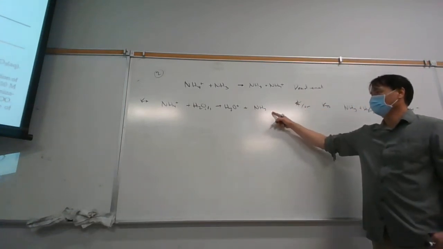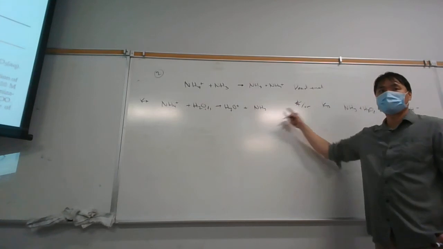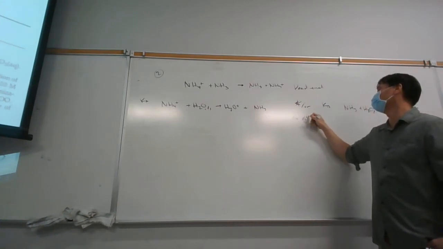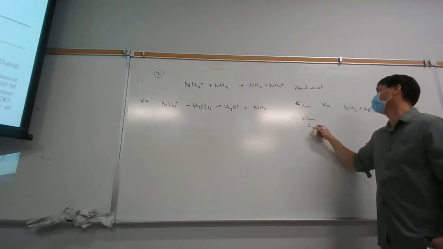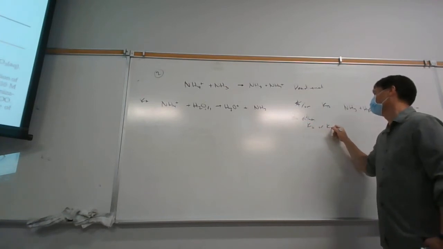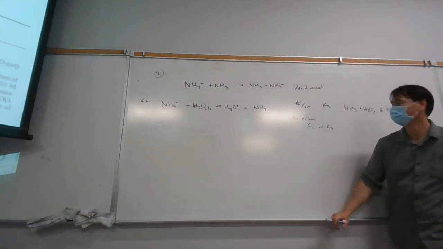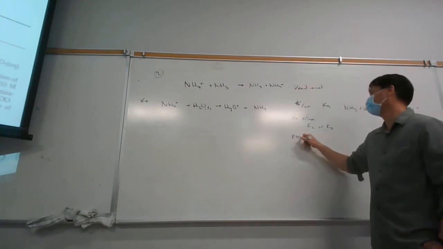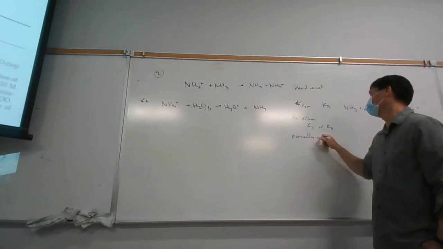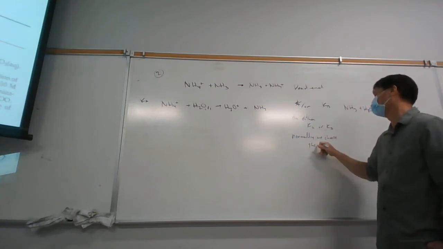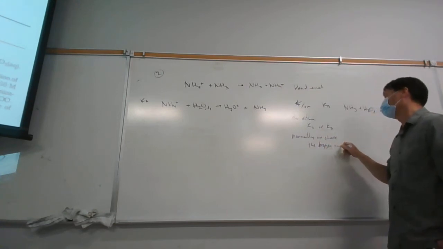We do either Ka or Kb. Usually we pick the bigger one.